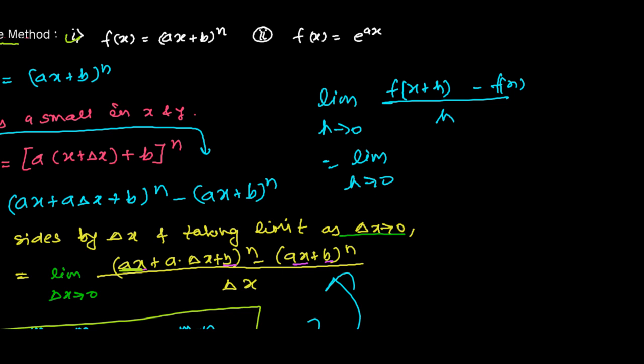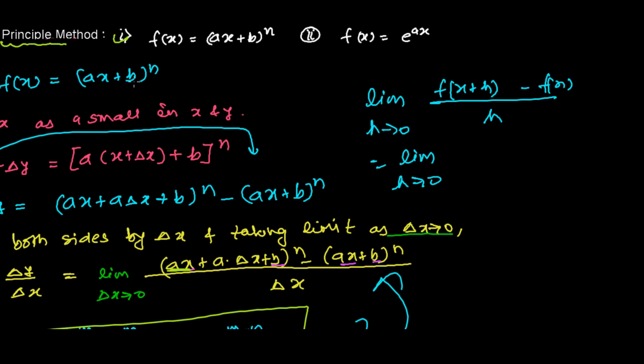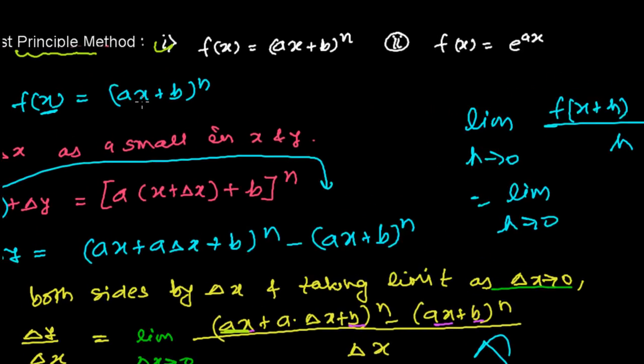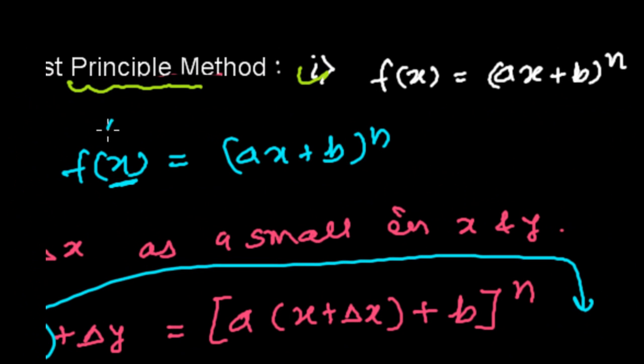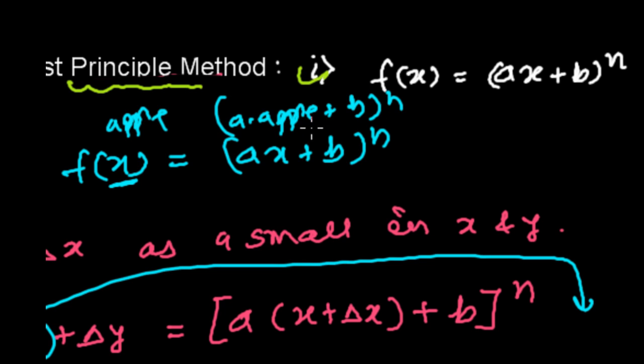Now see, our function is f of x equals (ax + b) to the power n. So when you insert x, you're going to get ax plus b. When you insert apple, you'll get a times apple plus b to the power n. So what I'm going to do, I'm going to insert here x plus h instead of this x.